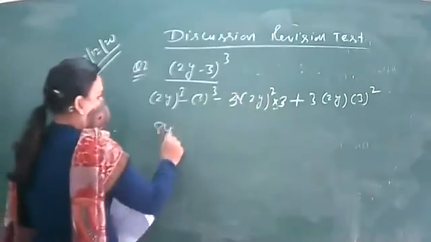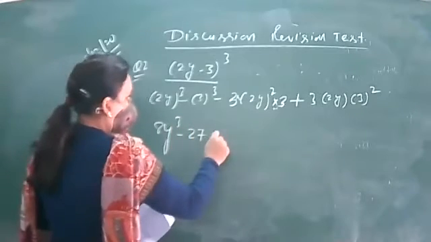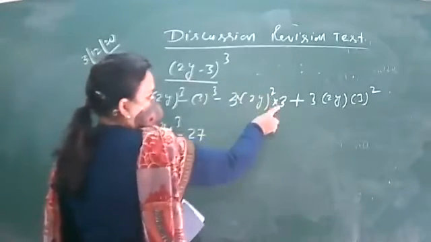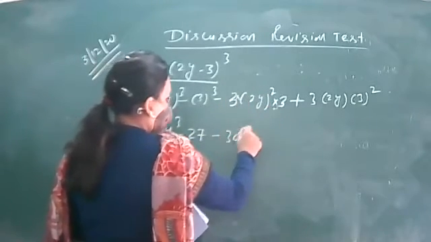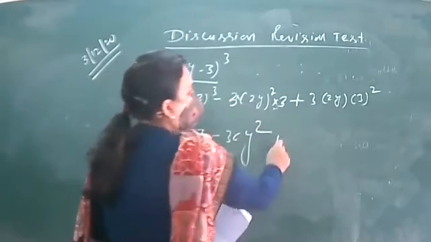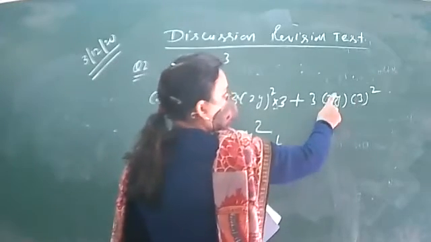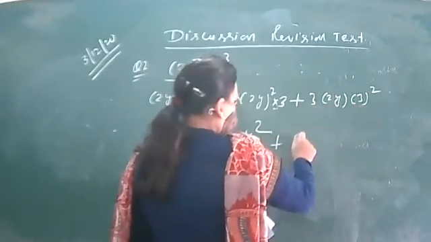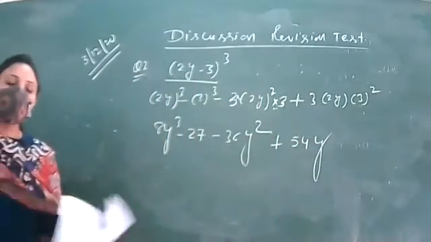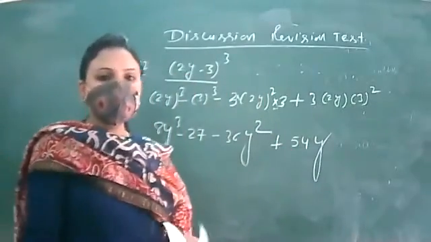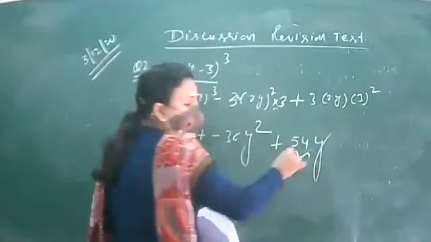So this is 8y cube minus 27, 2 2s are 4, 3s are 12, 3s are 36 y square plus 9, 2s are 3, 3s are 9, 2s are 18, 2s are 54. So here you can detect the coefficient of y very easily and it comes out to be 54.